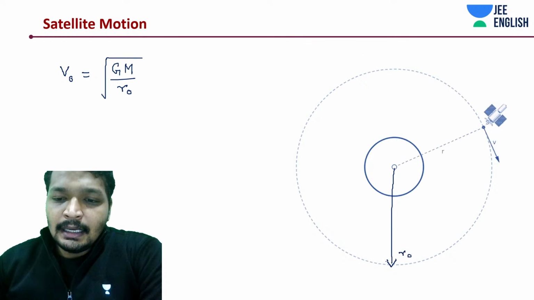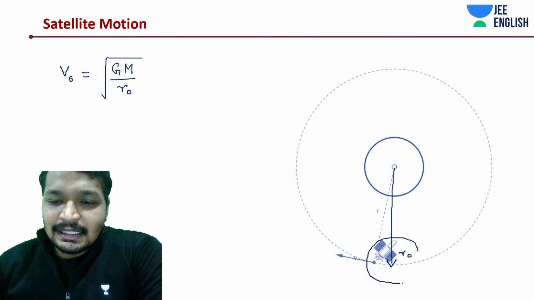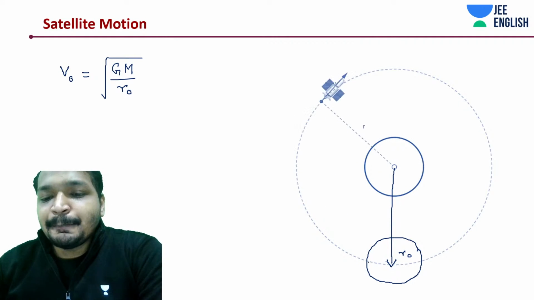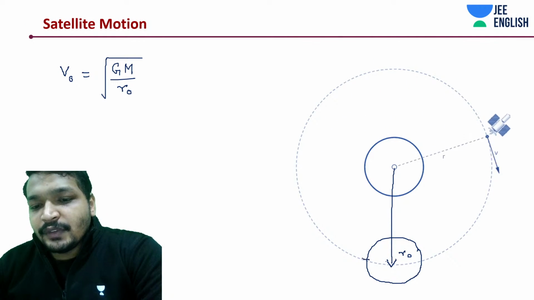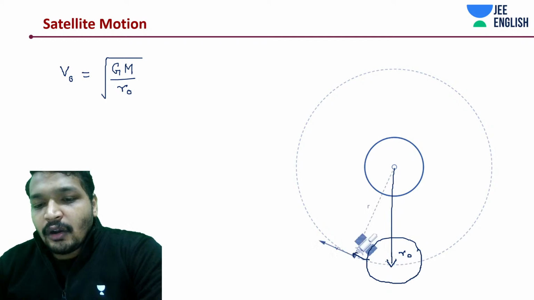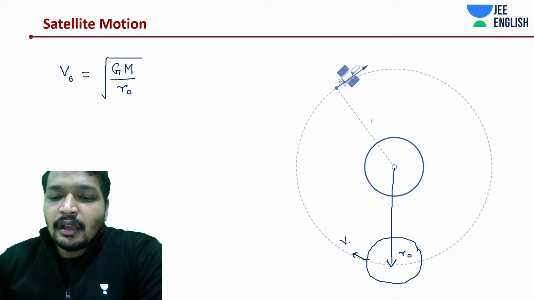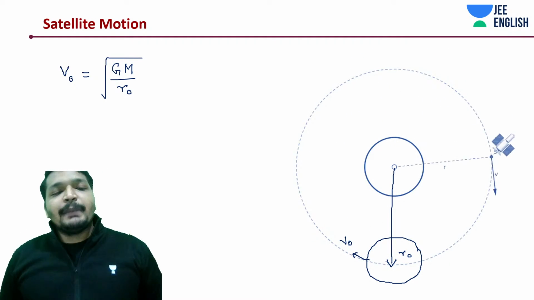The satellite here is moving with this speed, the orbiting velocity.